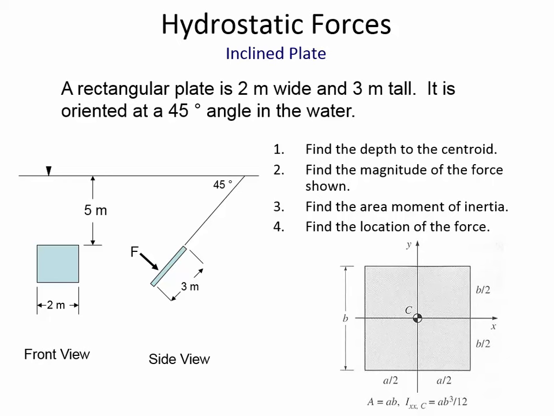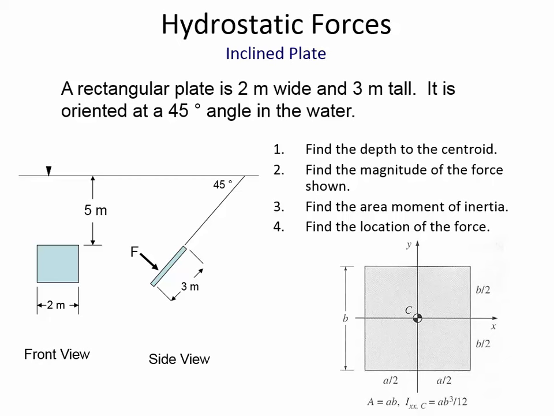Okay, so it's going to be the same basic procedures. You can see that I've labeled them here. First, we're going to find the depth of the centroid. Then we'll find the magnitude of the force, area moment of inertia, location of the force. Okay, so by inspection, that means just by looking at it, where is the centroid here? It's at the center, right? So here is the centroid.